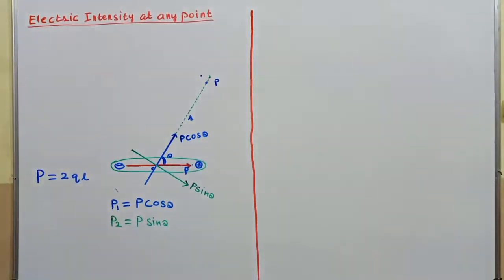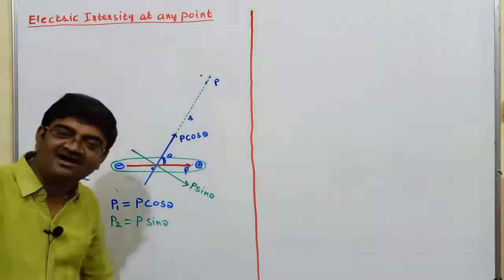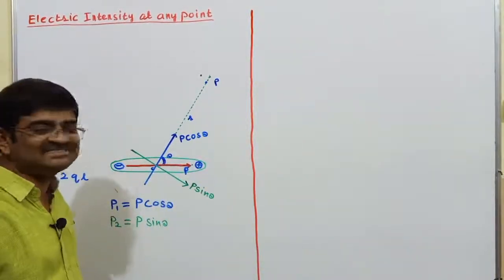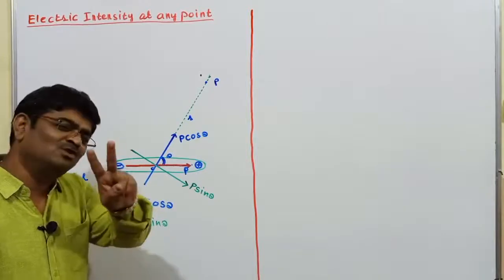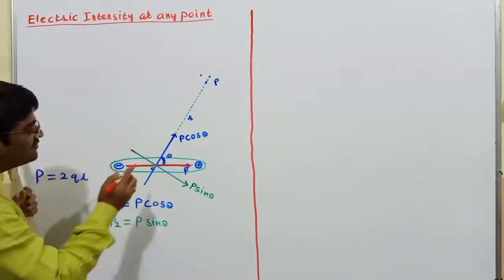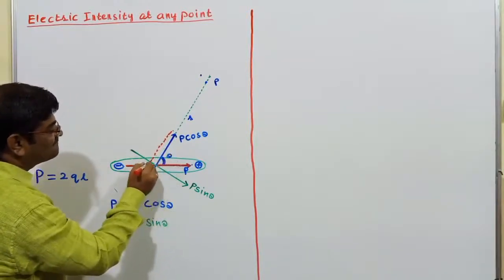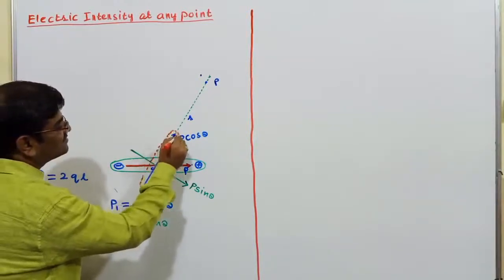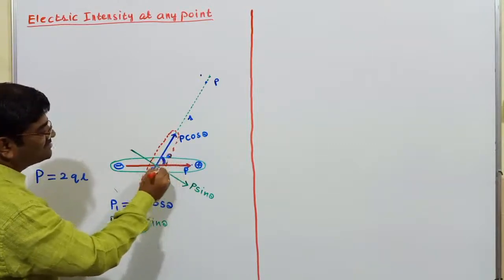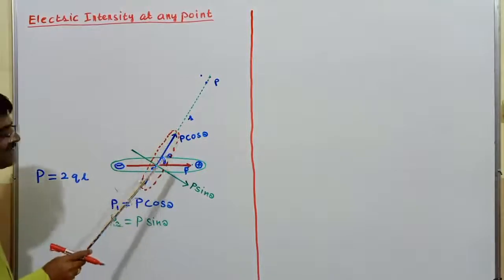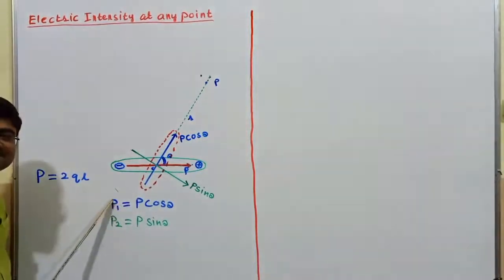And once I have done with this, I forget about the original dipole, and I'll say in that system I have two dipoles. One of the dipoles I will show like this, one of the dipoles is this one, of dipole moment P1.